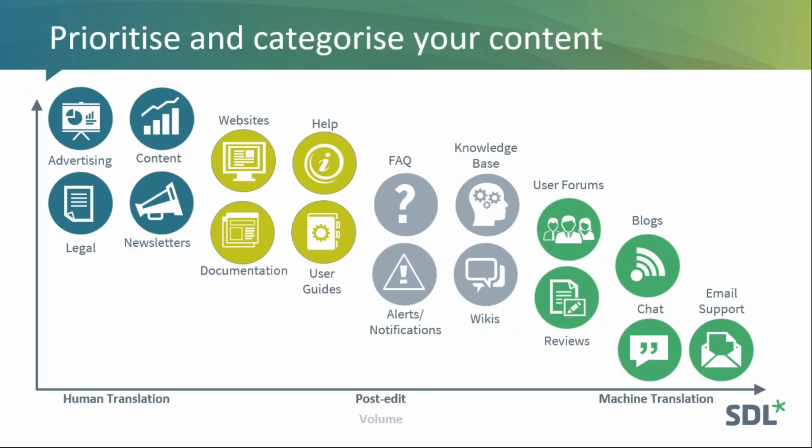Whereas on the right-hand side, when it comes to things like, let's say, user reviews, where actually people are only reading those reviews to get a general understanding, then the accuracy of the content is not the highest priority, and therefore machine translation is appropriate for that type of content. So my recommendation is, again, work with your translation agency to categorize the content and make sure you're applying the right type of translation to that content.